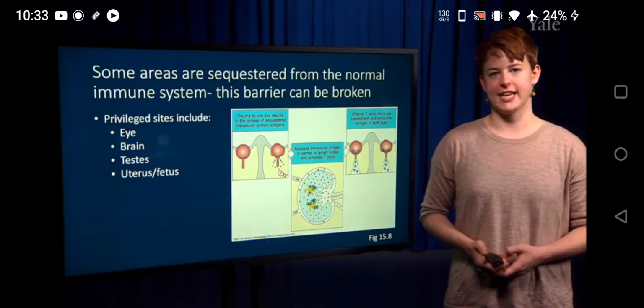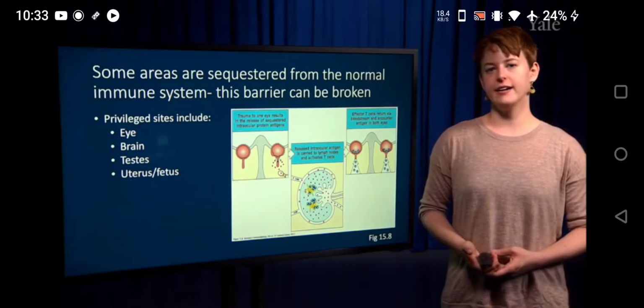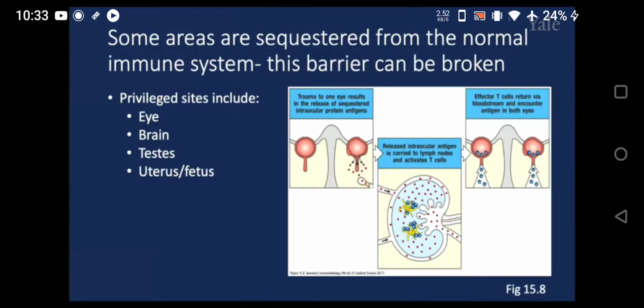You guys have probably heard of the blood-brain barrier, and this helps keep out different cells of the immune system because it can lead to severe consequences if the immune system begins to attack the brain, or even if the immune system leads to inflammation after an infection in the brain. A couple other organs that are typically sequestered include the eye, the testes, and the uterine-fetal interface.